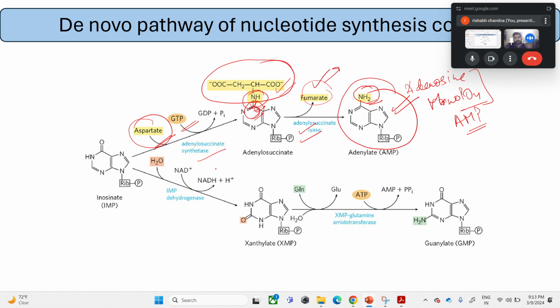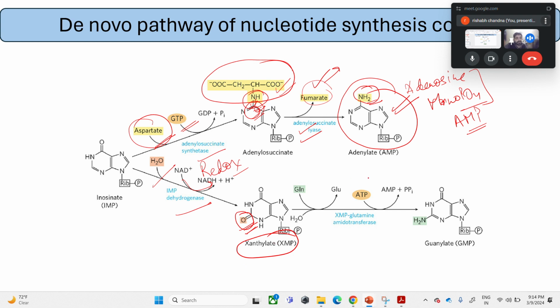So here what happens? One molecule of water and a redox reaction happens using the enzyme IMP dehydrogenase, releasing one molecule of NADH, and here one oxo group or keto group is arranged. Okay, this is xanthylate or xanthosine monophosphate.